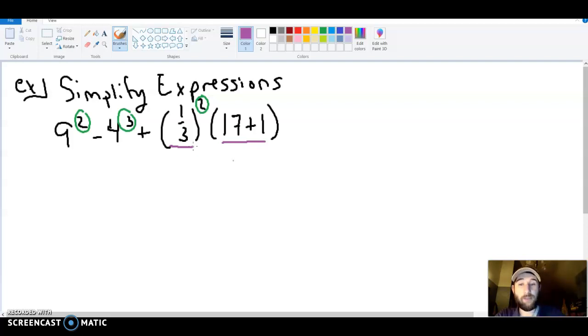17 plus 1 is 18. And that's being multiplied by. Notice when I say multiply, it's not just because of the parentheses I'm writing, it's because of the symbol between the parentheses. Right here in between is that multiplication. And it's because there is no symbol written when we write that other set of parentheses 1/3.